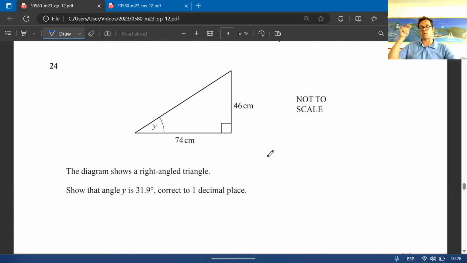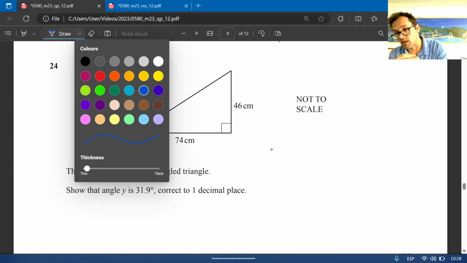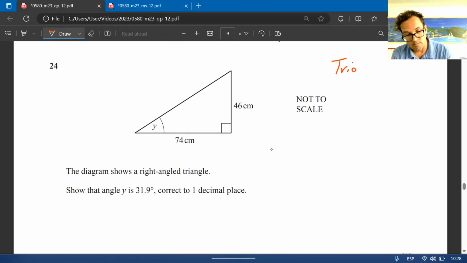Question 24. A triangle. Triangles, of course, is trigonometry. Trigonometry and the right angles is only one of two things. We use Pythagoras.